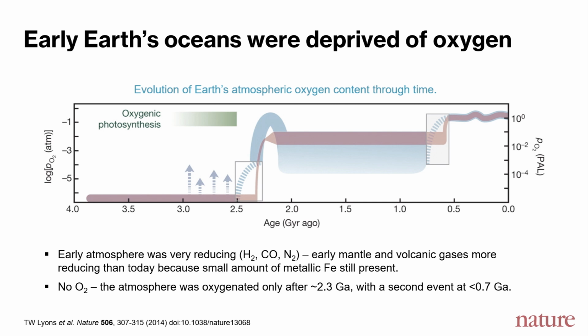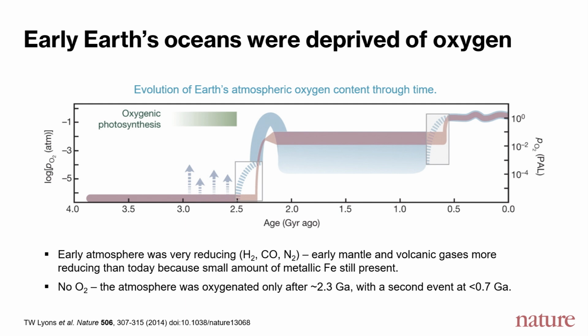And the oxygenation, mysteriously, only happened after about 2.3 billion years ago, which is roughly half the way into Earth evolution. So that's an intriguing period in Earth history, which has also coincided with one of these major glaciations that Sarah talked about.